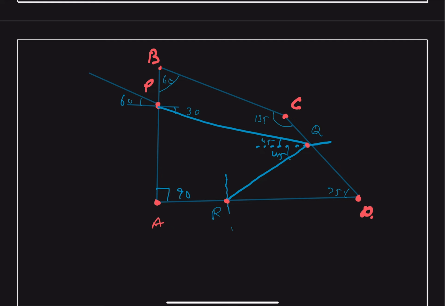Let us call this point R. And here we can also find out the angle of incidence at AD. So we have this angle will be over 45. It is traveling in this direction.